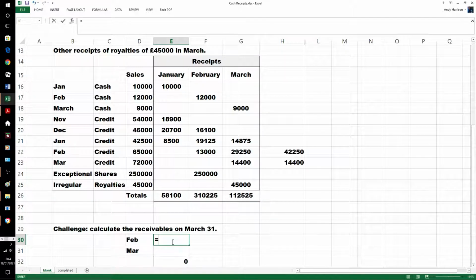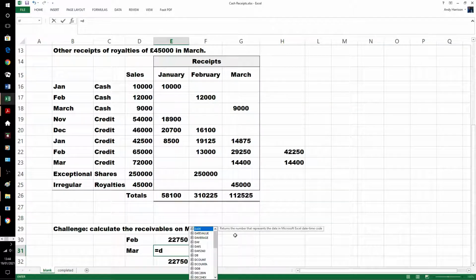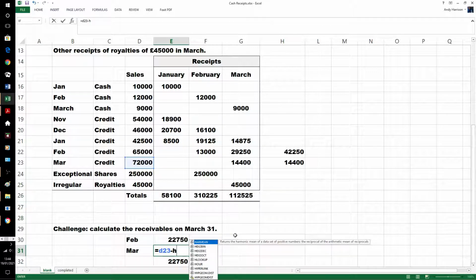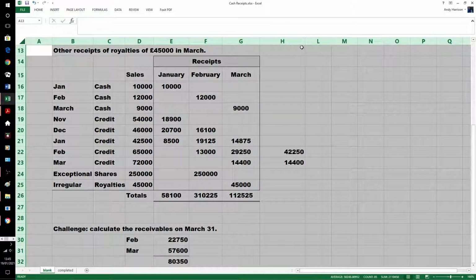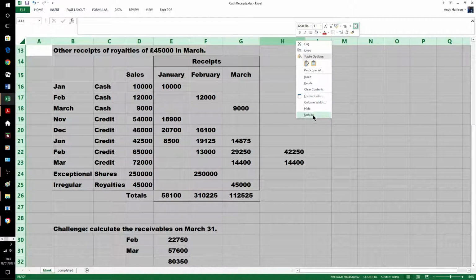So if I take the sales value minus what actually came in for February, that's how much is outstanding from February, and I can do the same for March. So our predicted receivables at the end of March, 80,350.